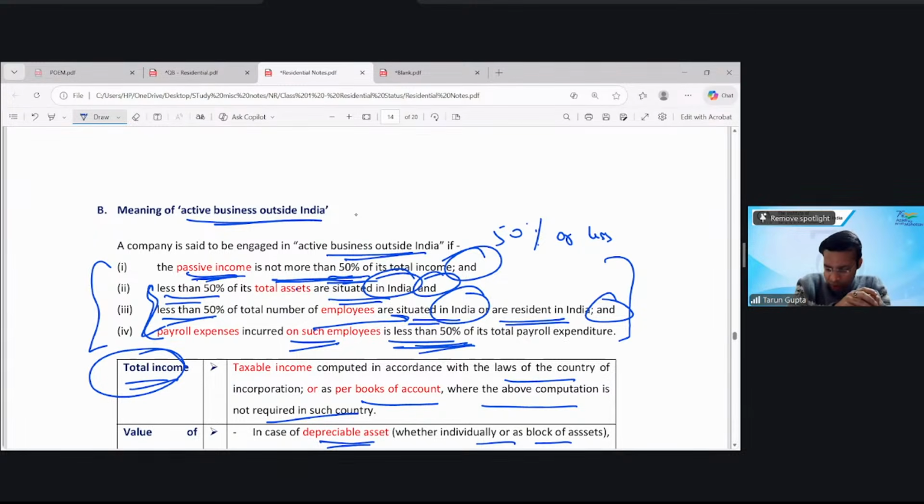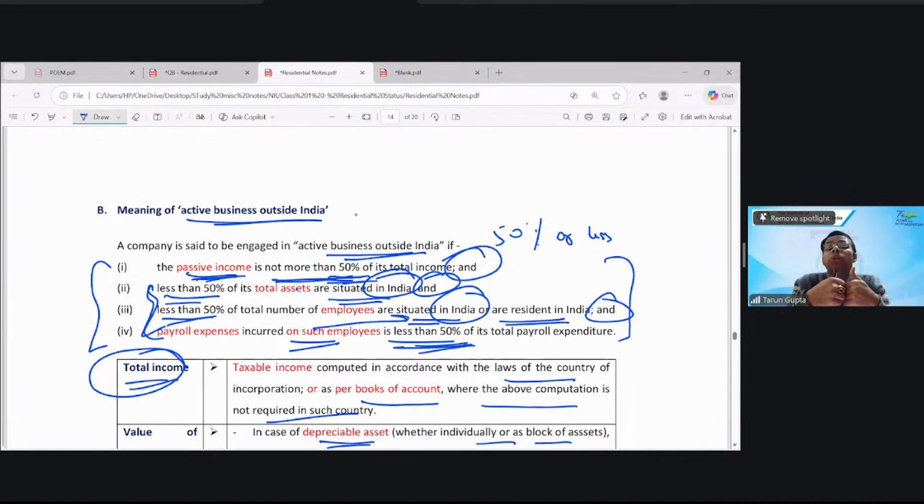When the foreign company qualifies as active business outside India, then we see where the majority of the board meetings happen. If the majority of the board meetings happen outside India, then the POEM is outside India, full stop. But if somebody proves that the board is set aside, is not doing its function, then we see who is taking the decision and where the decisions are taken.